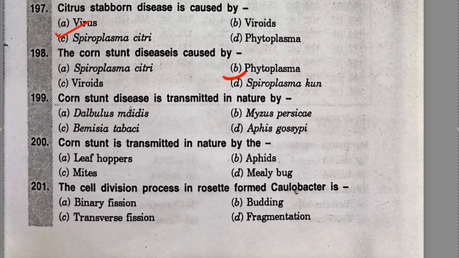199. Stubborn disease is transmitted in nature by which one? Myzus persicae, Bemisia tabaci, or Dalbulus maidis. Answer is Dalbulus maidis, option A. 200. Stubborn is transmitted in nature by leafhoppers, aphids, mites, or mealybugs.